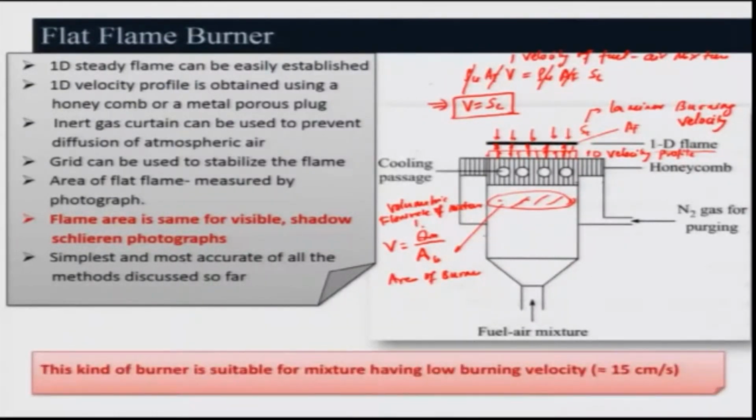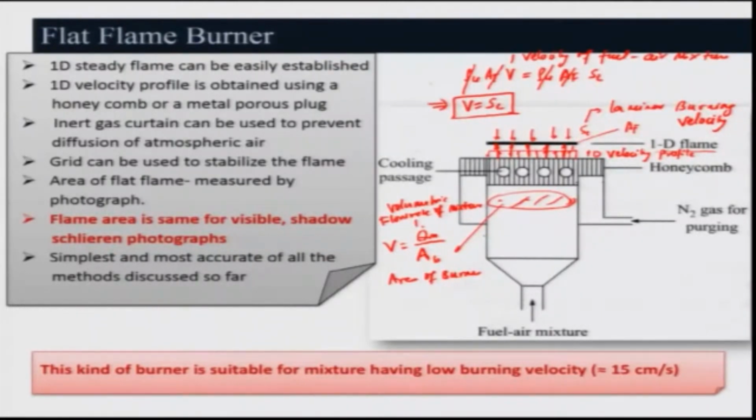But the problem with this kind of burner is that it is not suitable for mixtures having low burning velocity. People have devised it further, using cooling passages, so that you can establish the flame even a little bit lower than 15 centimeters per second.